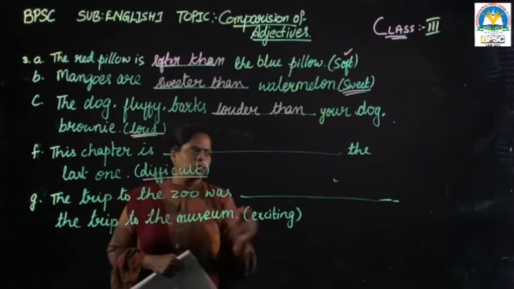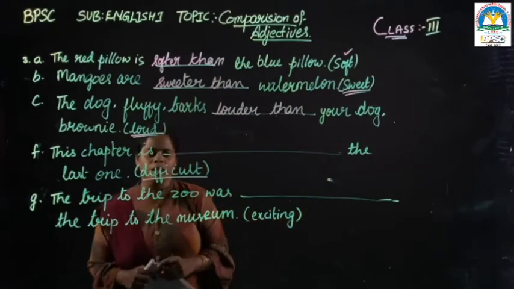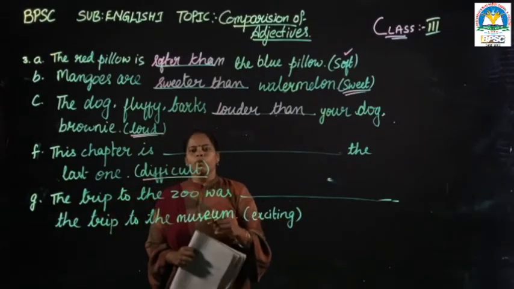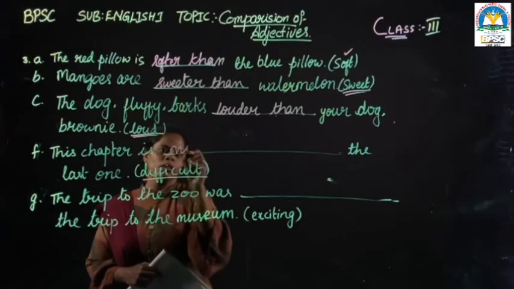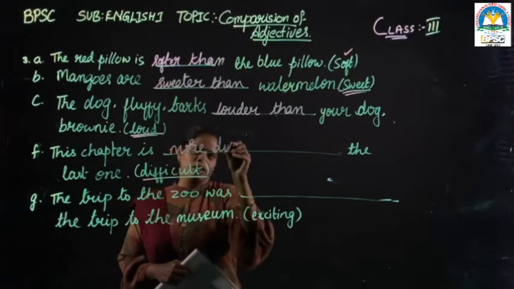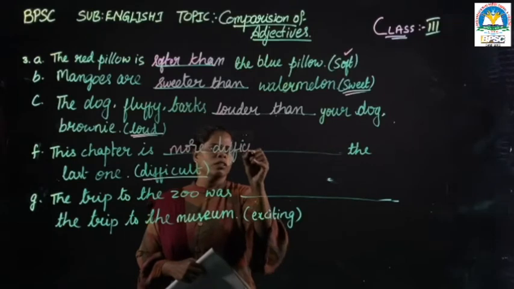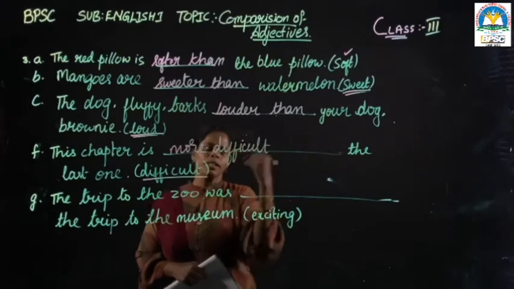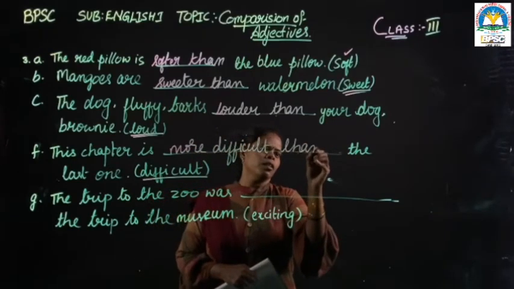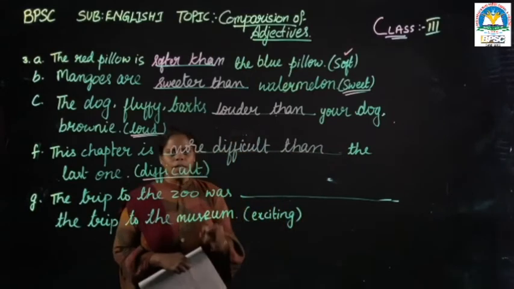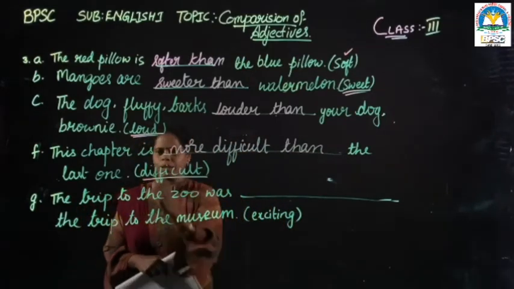Okay. Now this chapter is dash the last one. Which adjective do you have to use here? Difficult. It is a long adjective. So what do you have to do? More difficult. More difficult than. If it is a long adjective, you have to write more before the adjective. Okay.